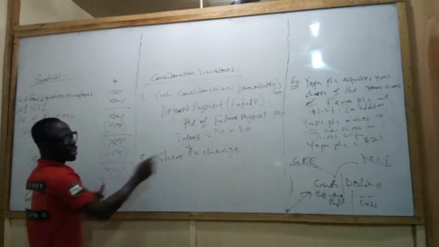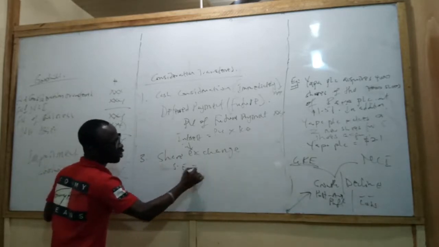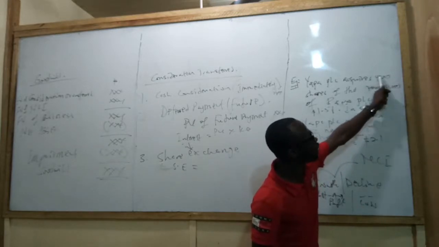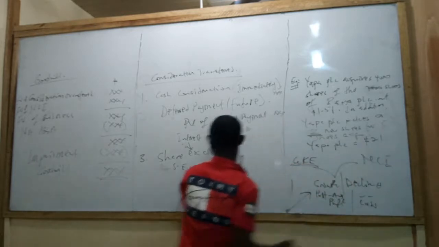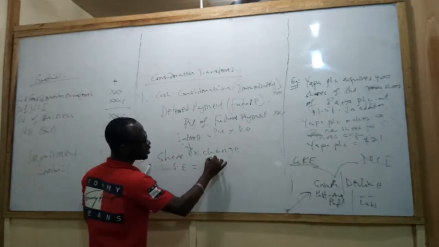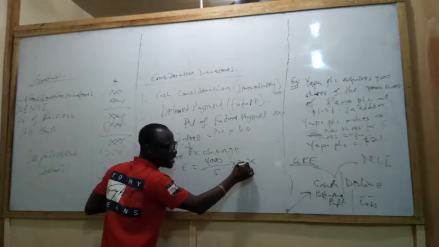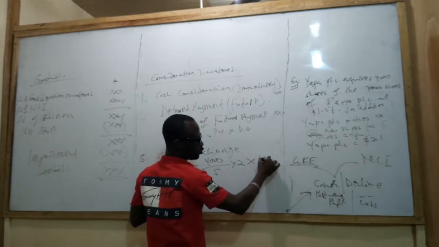So how do we get the share exchange value, SE? How many shares did we acquire? 4,000. For the 4,000 we acquire, we are giving them 2 new shares for every 5 acquired. So that is 4,000 over 5 times 2. Then we multiply this result by the parent company's share price, 2.1.